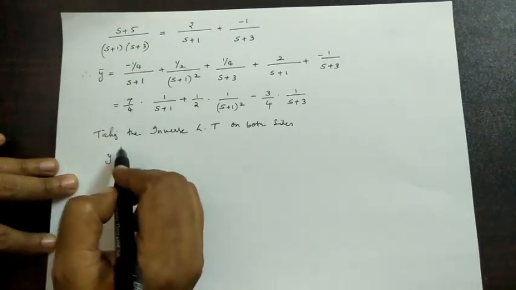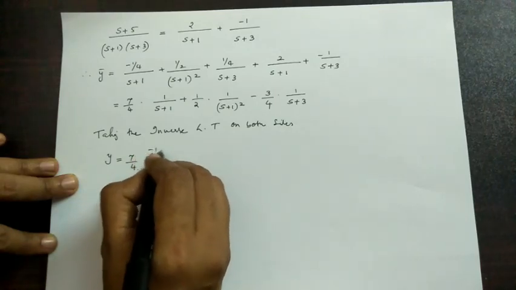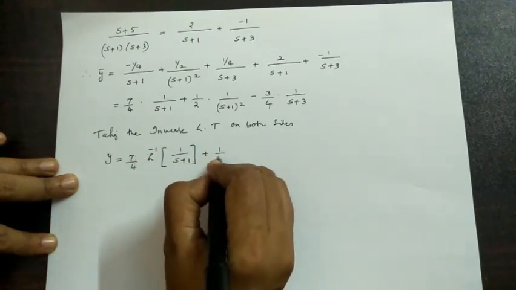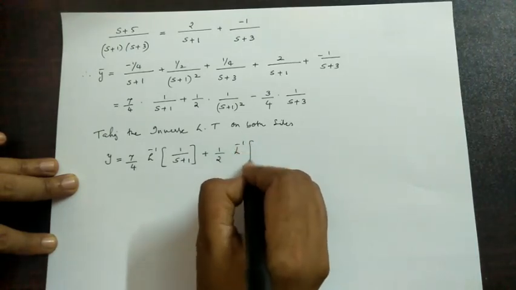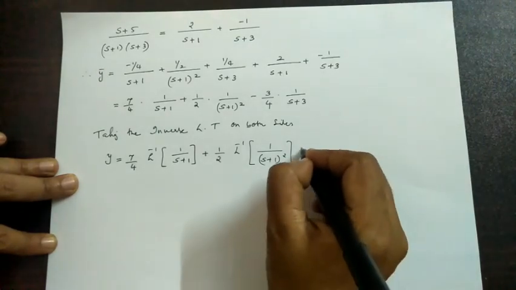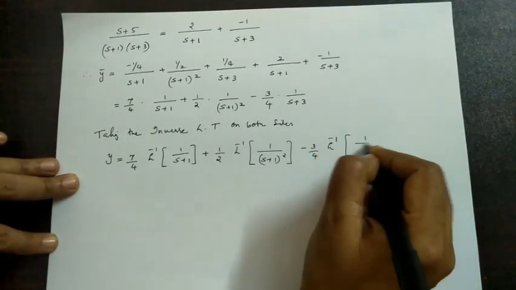Okay. So y is equal to 7/4 into L inverse of 1/(s+1), plus 1/2 into L inverse of 1/(s+1) the whole square, minus 3/4 into L inverse of 1/(s+3).